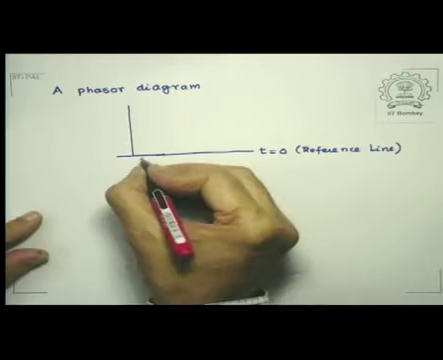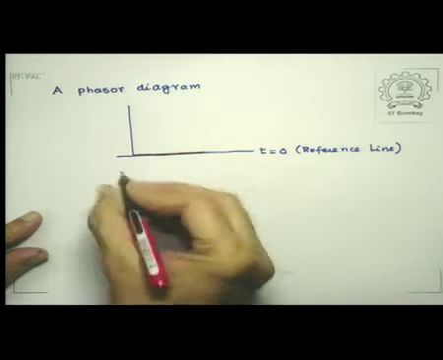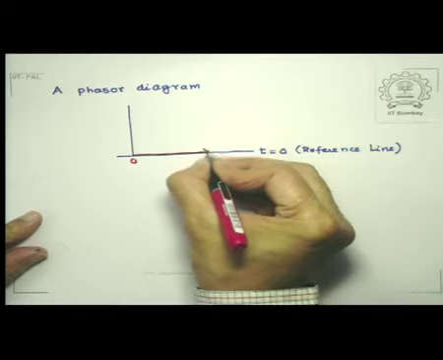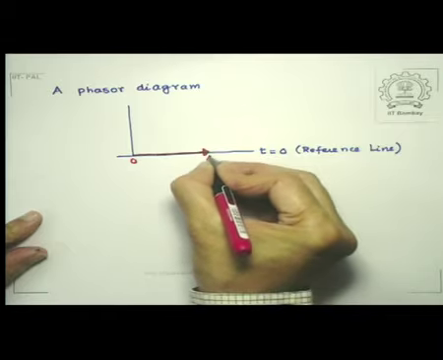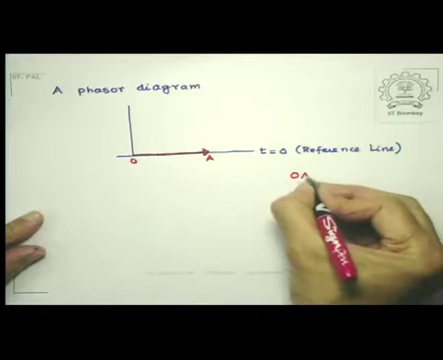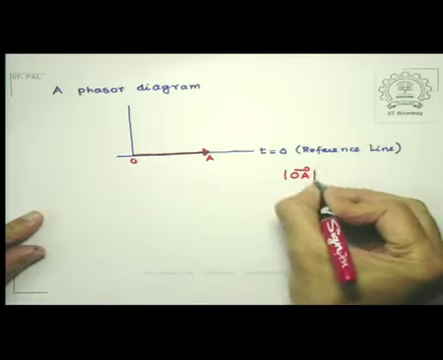Imagine one end of that vector is at the origin O, and it has a length equal to Vm, and the end point is A. So let me say that the OA vector has a magnitude equal to Vm.